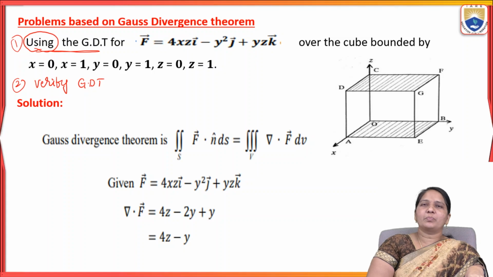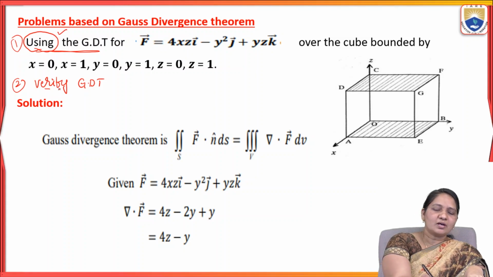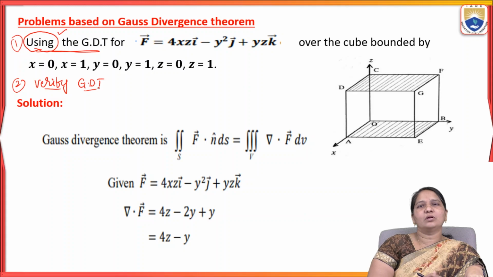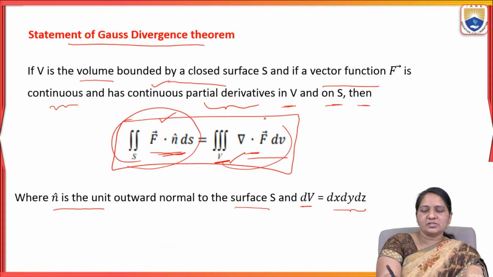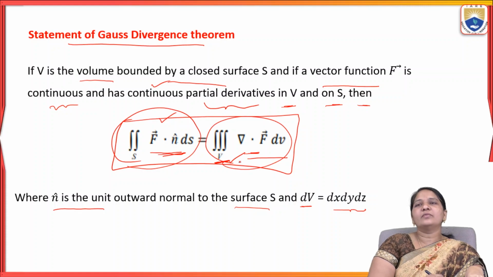In using the Gauss Divergence Theorem, only one part will be evaluated. Verify the Gauss Divergence Theorem means you have to solve two parts, that is, the LHS value and the RHS value both you have to evaluate. If they ask to use the Gauss Divergence Theorem, you can use any one to get the answer.